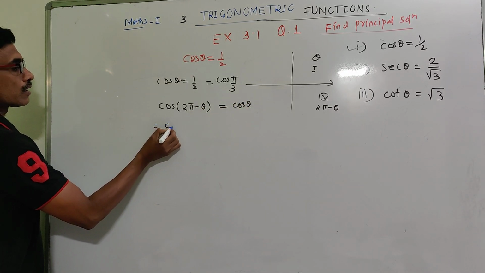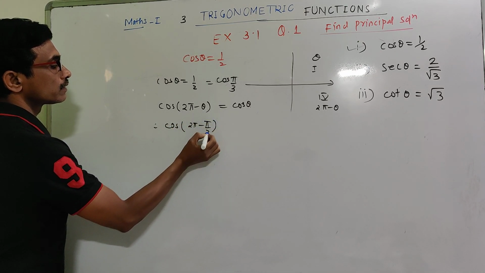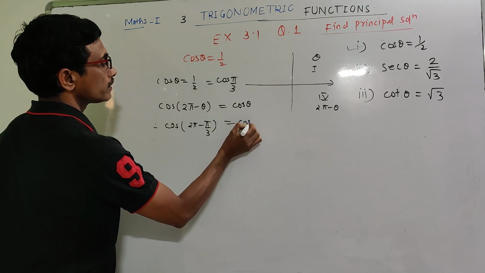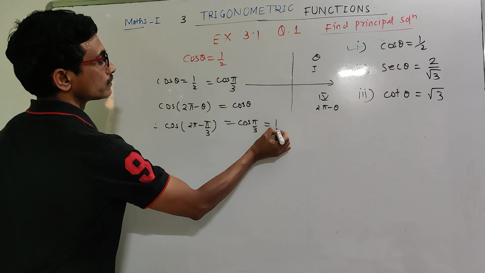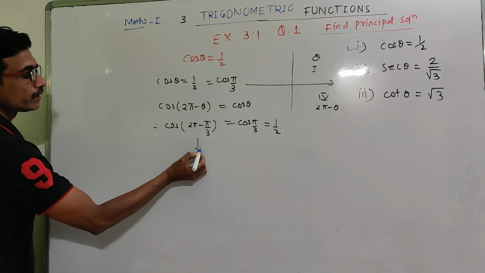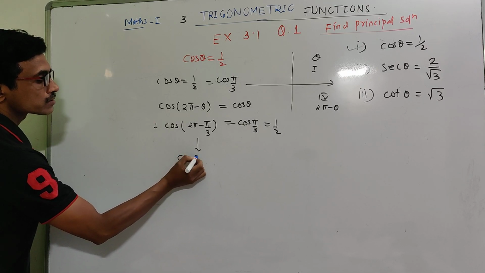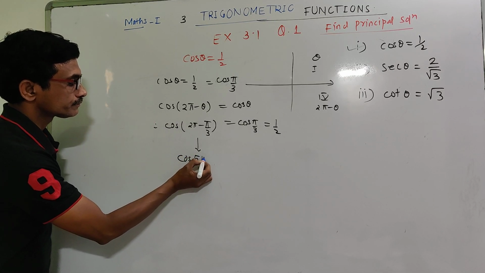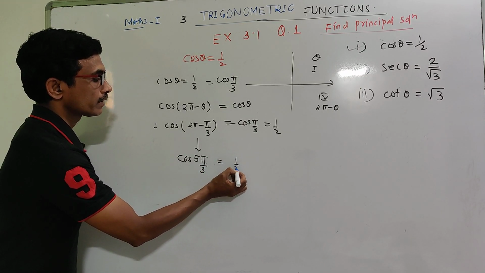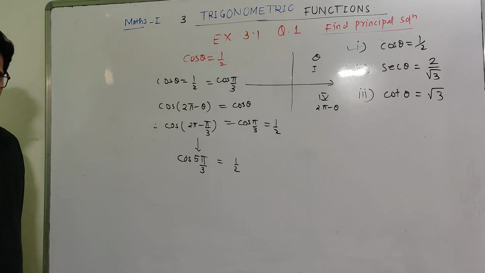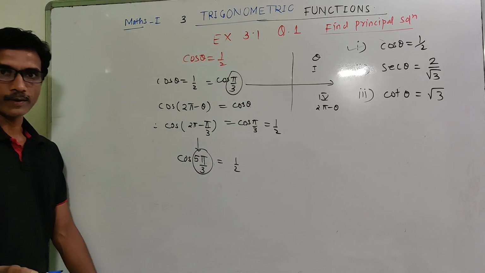Therefore cos of 2 pi minus pi by 3 will be cos of pi by 3, which is 1 by 2. Now this value will be 6 pi minus pi, that is 5 pi by 3. So cos of 5 pi by 3 is equal to 1 by 2.